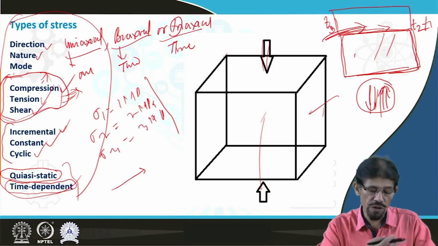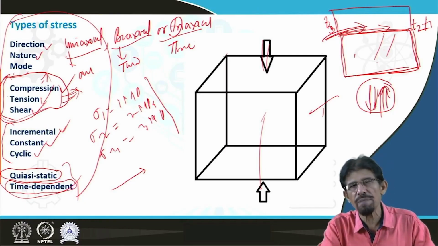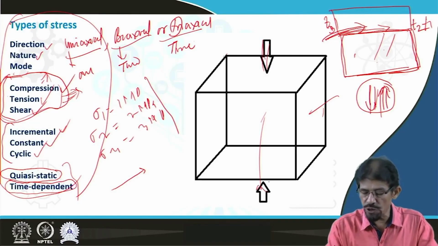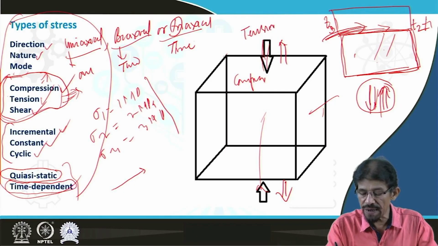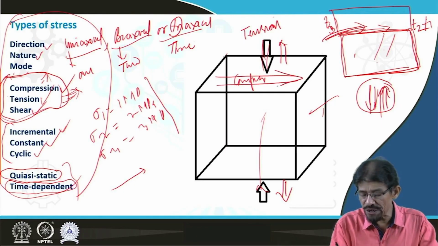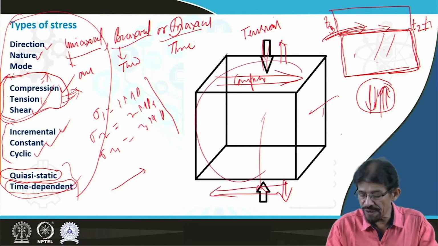If we look at the nature of the applied load, it may be working opposite to each other, and we recognize that as compression. If forces act away from each other, we define it as tension or tensile. If the force is tangential in nature, we define it as shear.